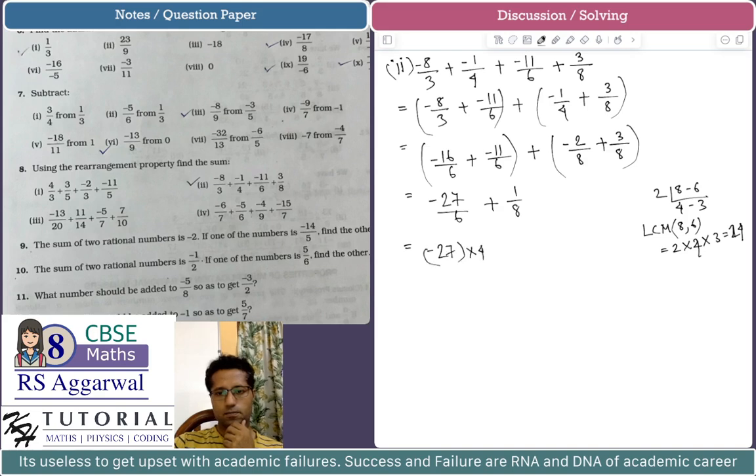So now this will be minus 27 into 4 by 24 plus 3 by 24. This is equal to, why is it so big?